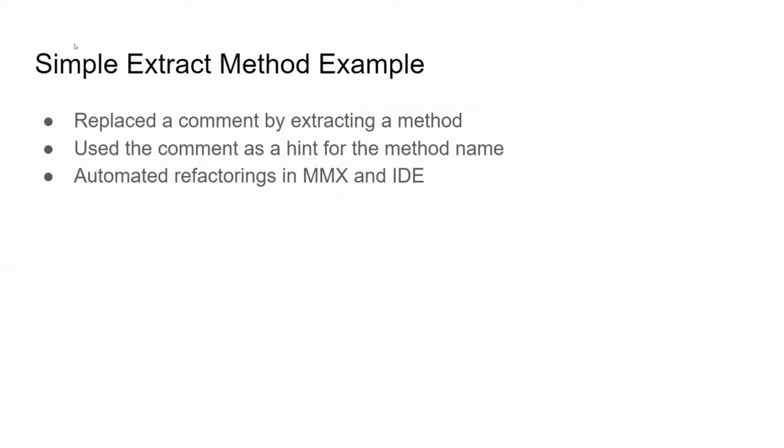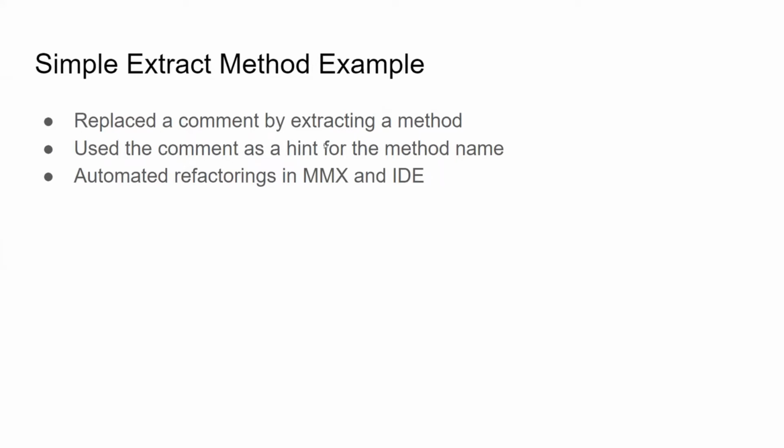Okay, so we found a comment in the code that was just commenting a block of code, and we replaced that comment by using Extract Method. It's fairly straightforward, and that's really common. It's a way to find places to use Extract Method, assuming that the comments are okay and that there actually are comments, which is not always the case.